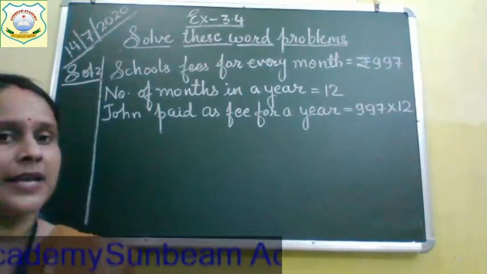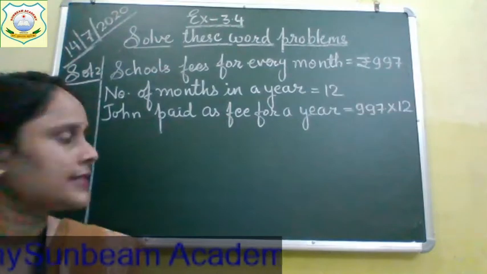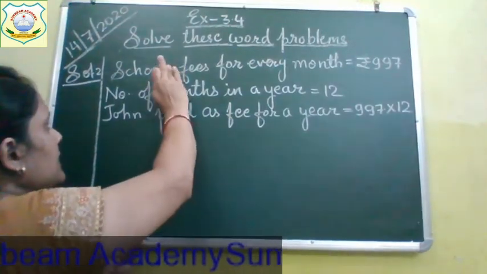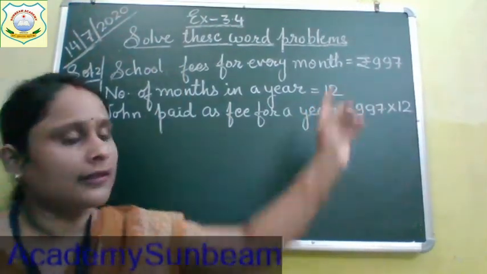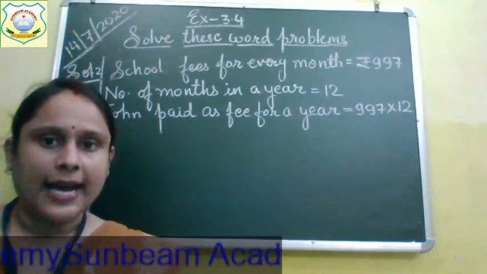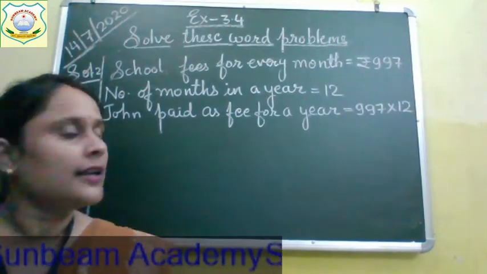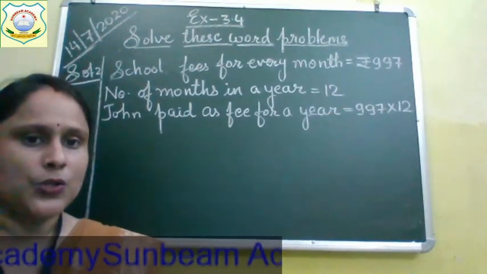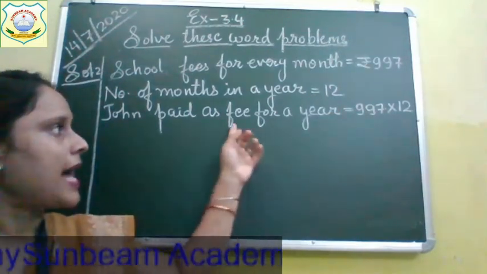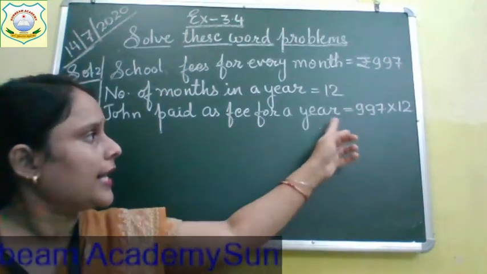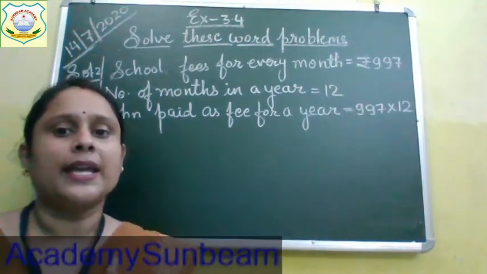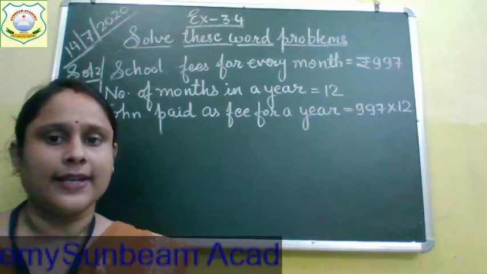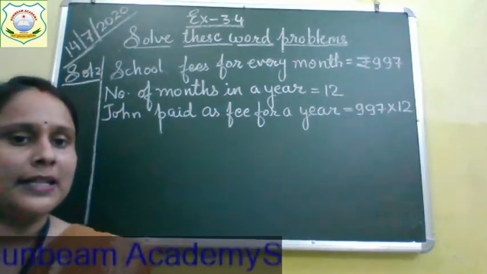So first step is school fees. School fees for every month is equal to rupees 997. Number of months in a year is equal to 12. John paid as fee for a year is equal to rupees 997 into 12. 1 month fees is given.